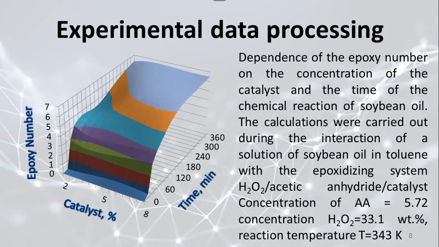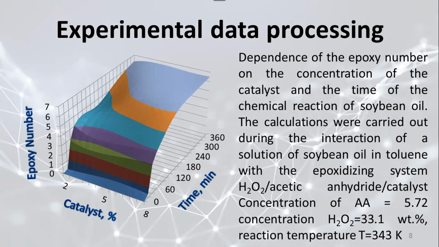This figure shows the dependence of epoxy number formed as a result of experiment, which is predicted to be formed as a result of training on a sample set of experimental data. Dependence of epoxy number on the concentration of the catalyst and time of soybean oil epoxidation reaction.